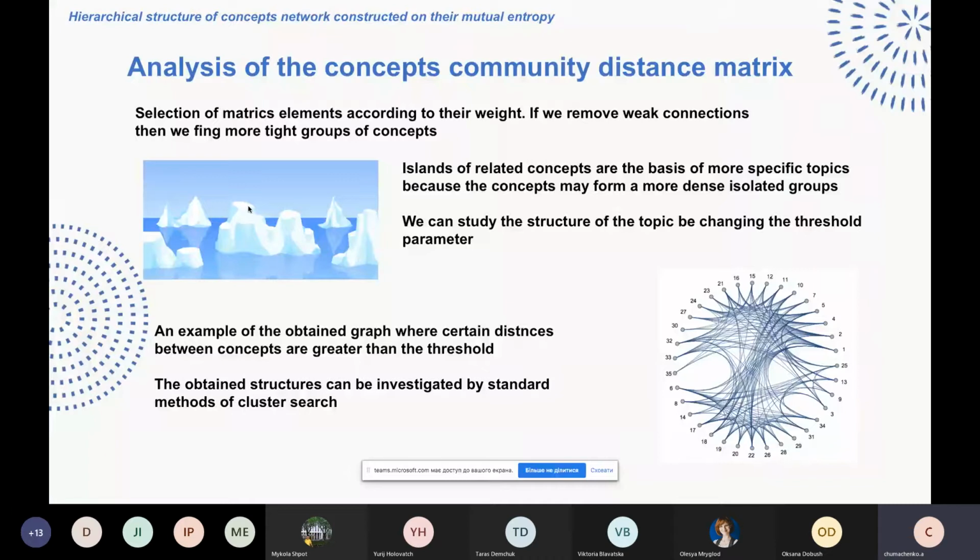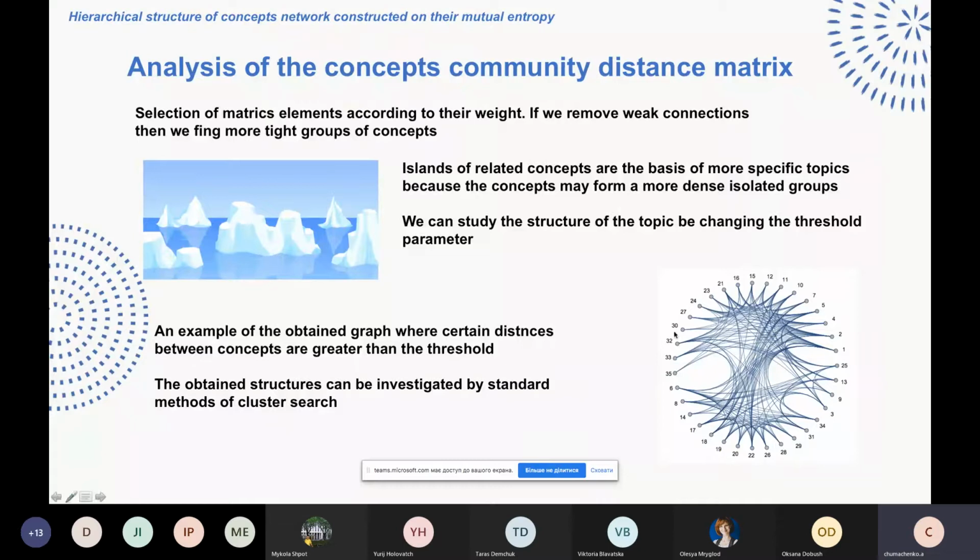So you can imagine that we have a complete graph, and we cut some lines inside which are weak links between concepts. In this case, we can apply usual methods for clustering of a graph.